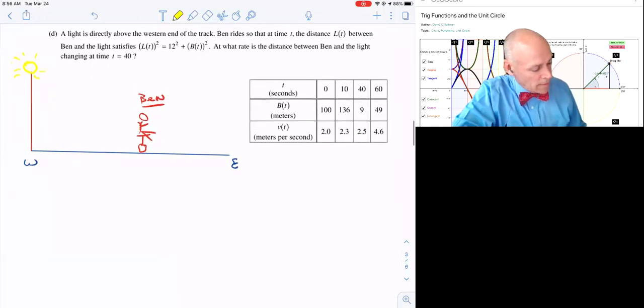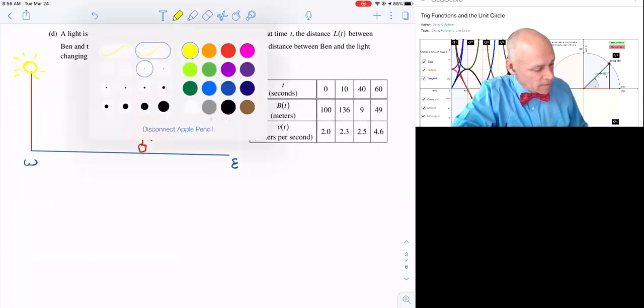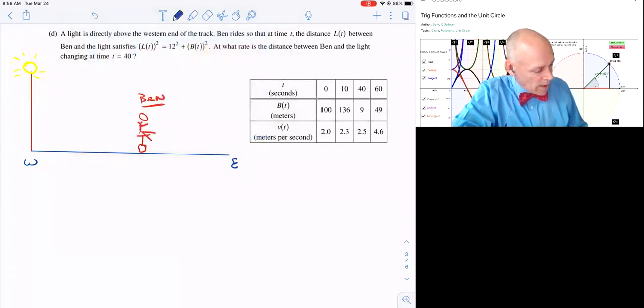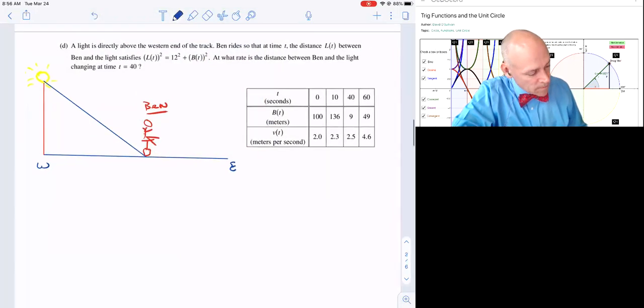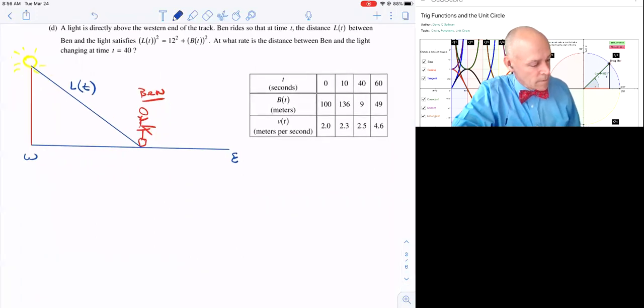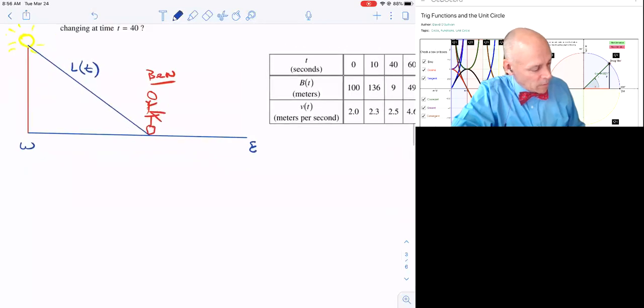So there's my light, and the distance between Ben and the light. Actually, I'm going to draw the distance between the tire of the unicycle and the light. And we're calling that L at T. And then this distance from the end of the track to where Ben is, that's given by B at T.